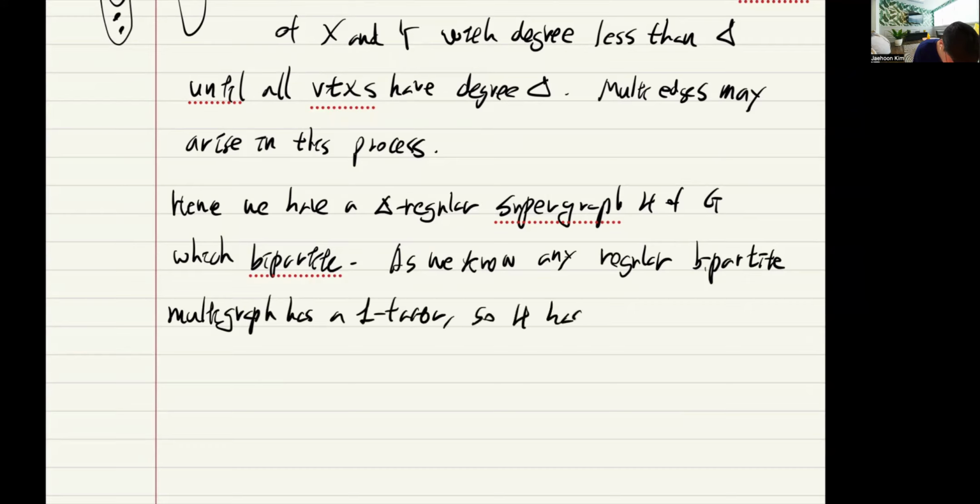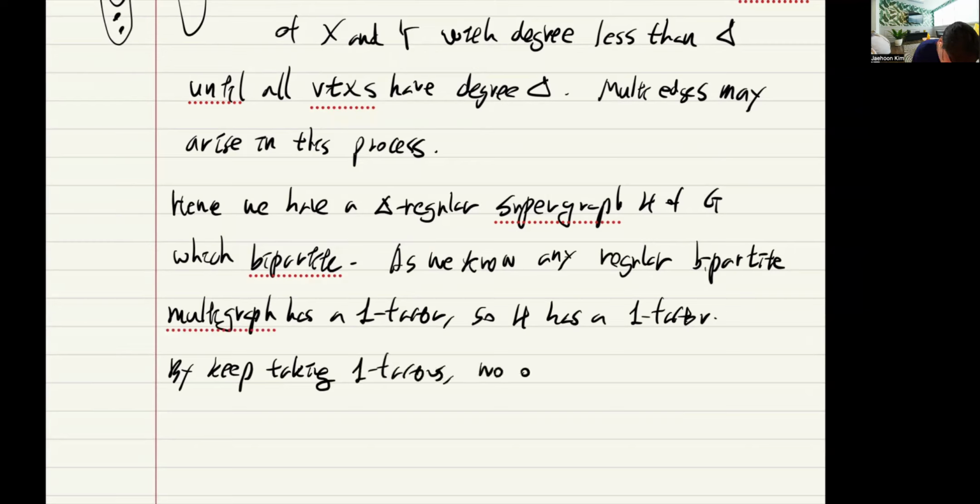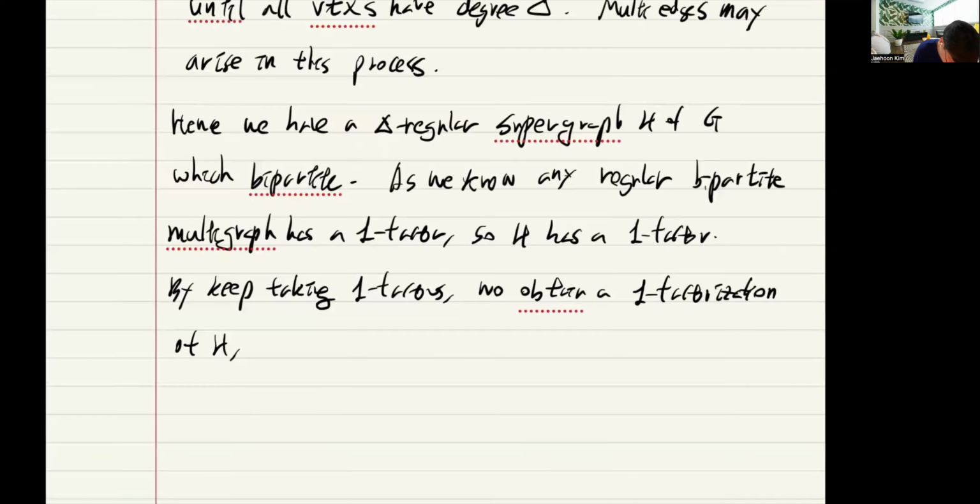So H is one-factorable: I keep taking one factor, and we obtain a one-factorization of H, so H is delta colorable.